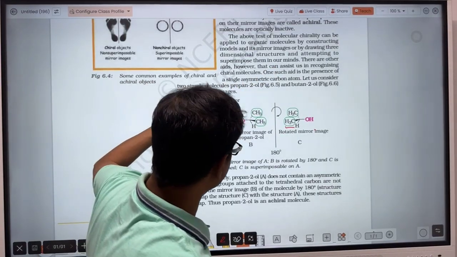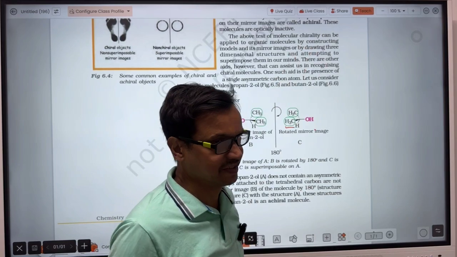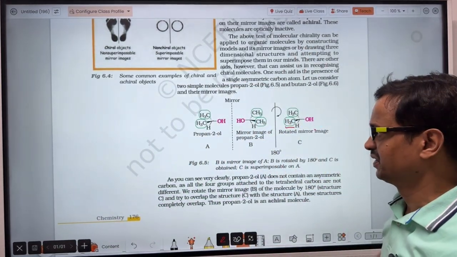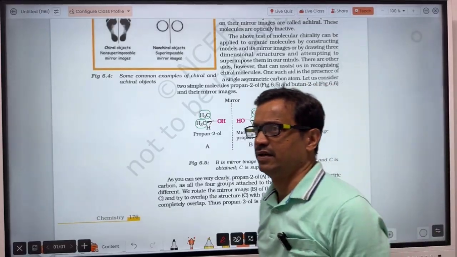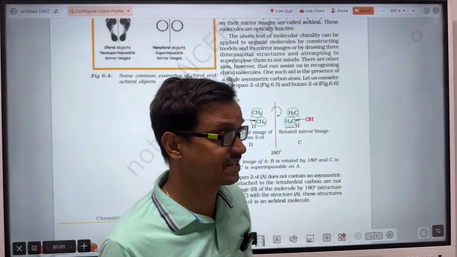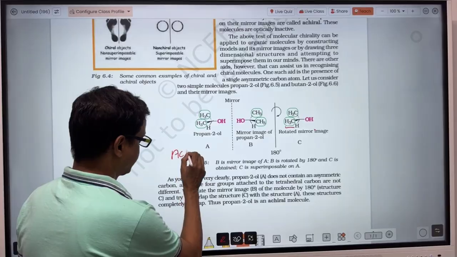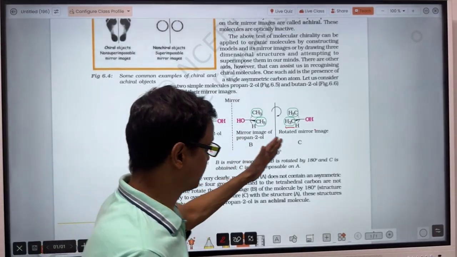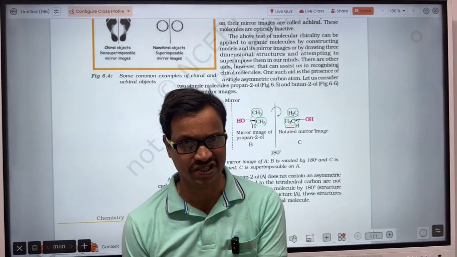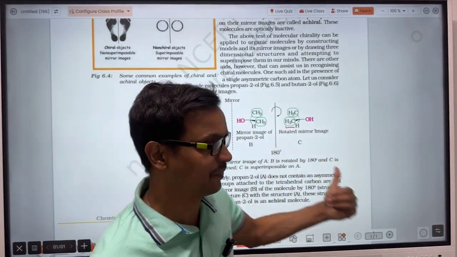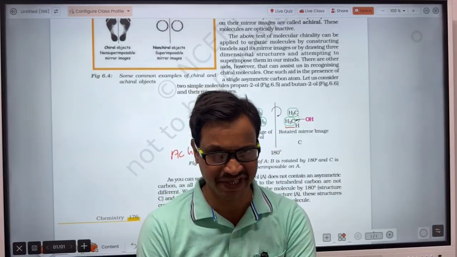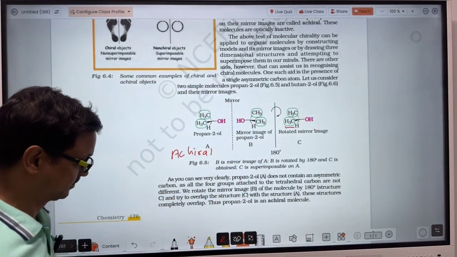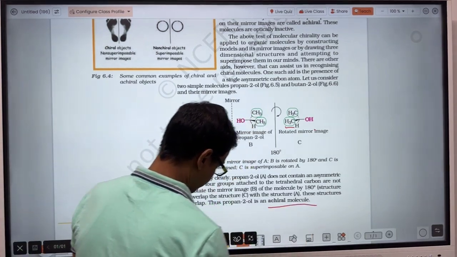So when you keep this molecule over this molecule, the upper molecule will completely cover the lower molecule. So this molecule is forming a superimposable mirror image. That's why this molecule is achiral. Okay, so that is an achiral molecule.